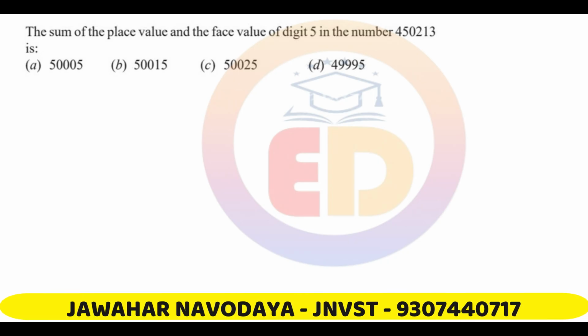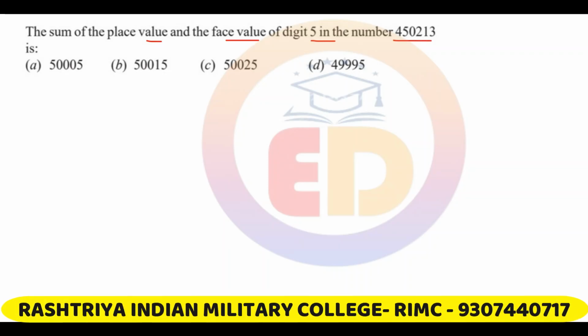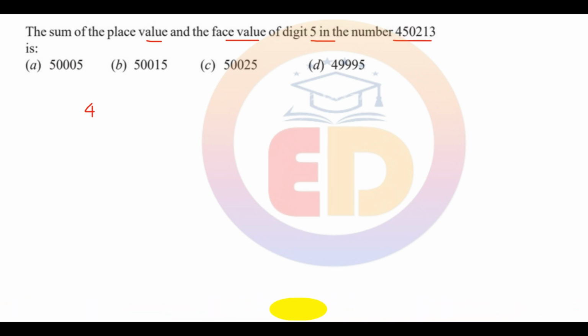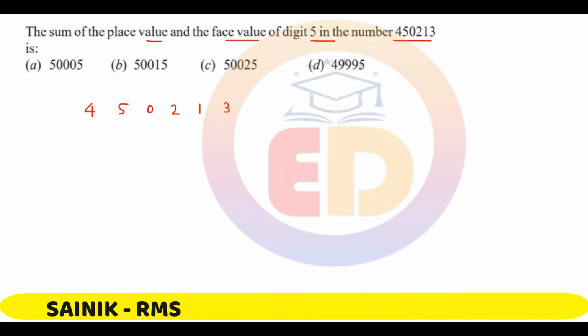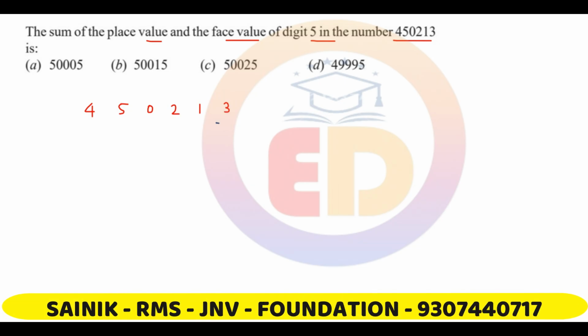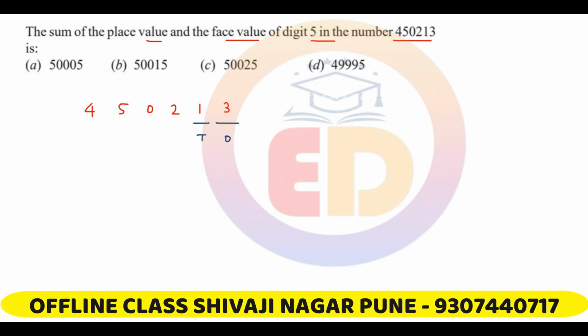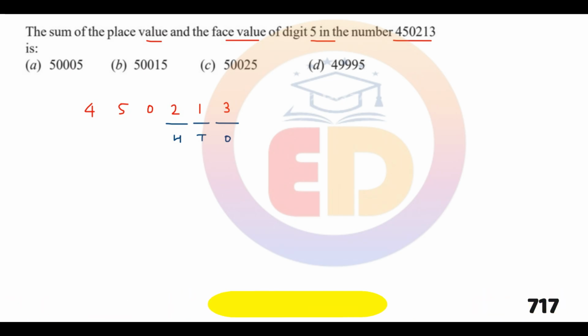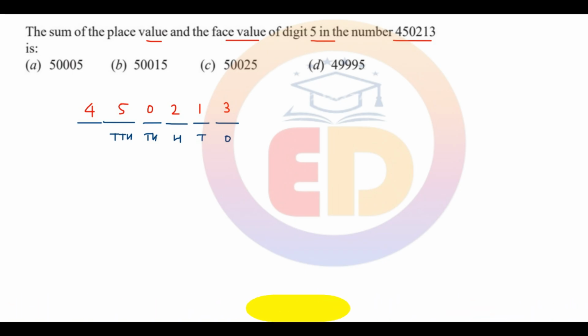The sum of the place value and face value of digit 5 in the number 4,50,213. Let us define the places. This is ones, tens, hundreds, thousands, 10,000 and lakh.